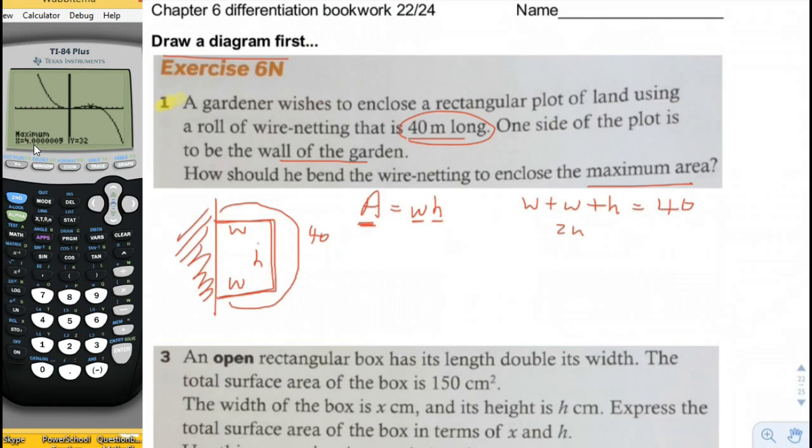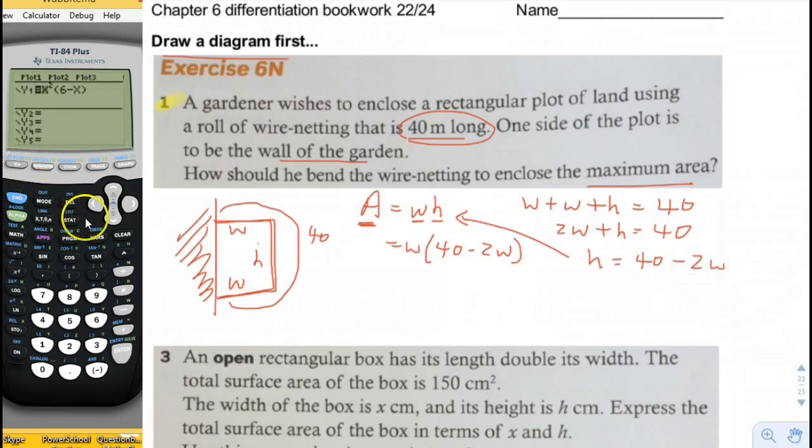So that's the same thing as 2W plus H equals 40. And let's solve for H. Get 40 minus 2W. And then now we can substitute that in here, and we'll get A with only W's. Now we have A just with W's.